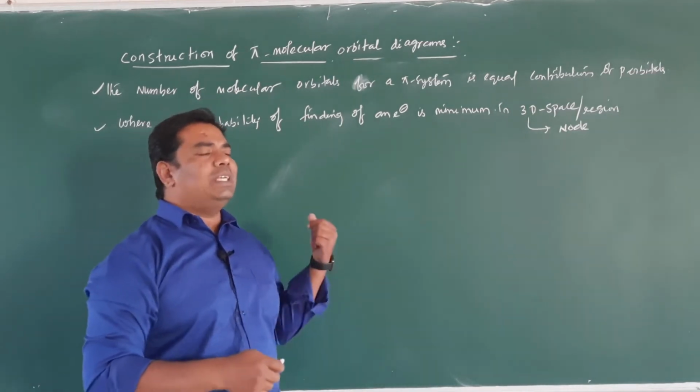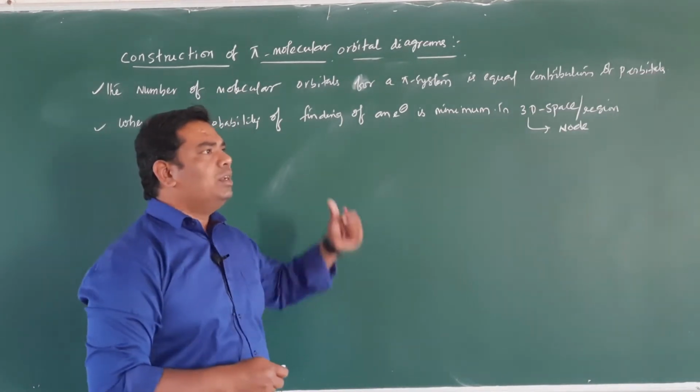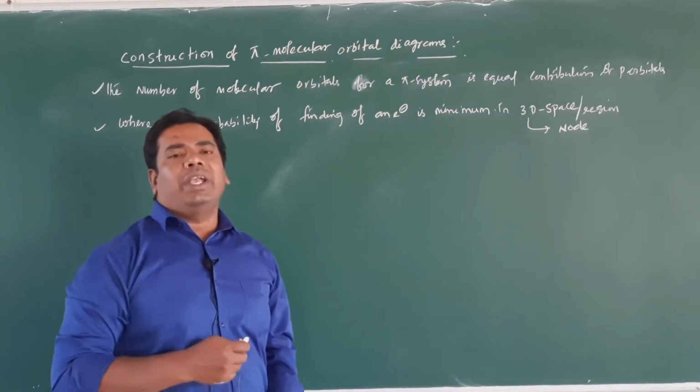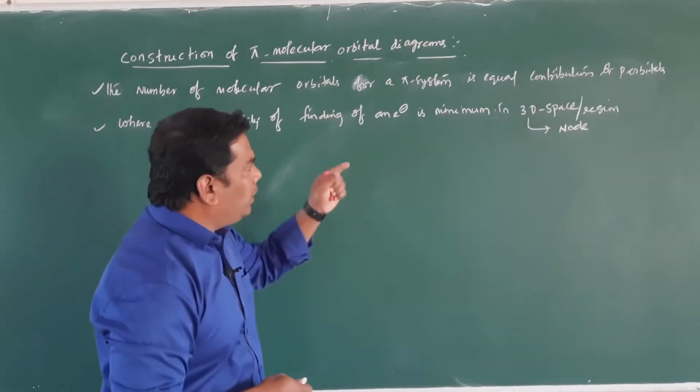If it is maximum, we can say that is an orbital. So, here it is minimum in a 3-dimensional region, so we call it a node.